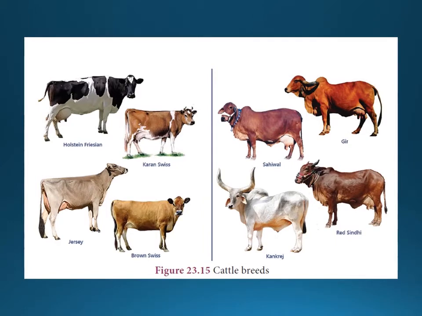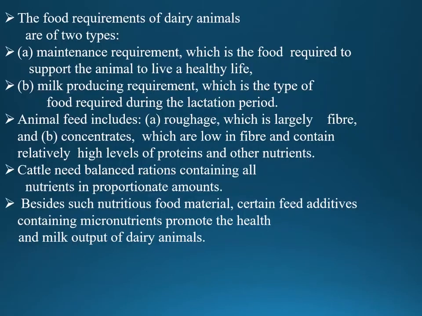These are the Indian breeds: Sahiwal, Gir, Red Sindhi and Kankrej. I repeat, Sahiwal, Gir, Red Sindhi and Kankrej. These are all examples of cattle breeds. I hope you are able to follow this. The next one, the food requirements of dairy animals.